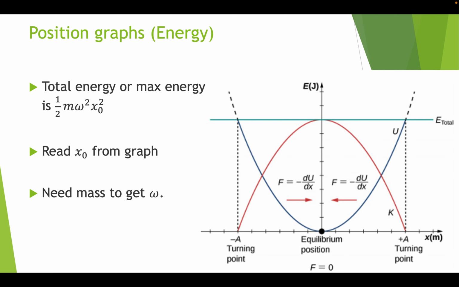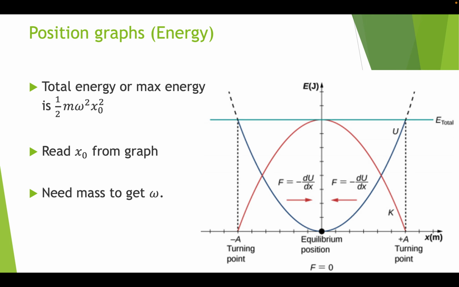Okay. Last one, position graph for energy. So here I have my energy. Again, you can see from plus A to minus A, those are my amplitude points. Position, my kinetic energy is again in red. Potential energy is again in blue. Total energy is the flat line on top.